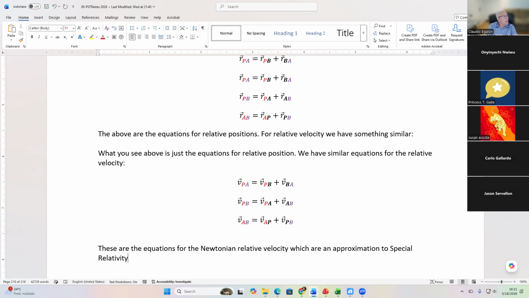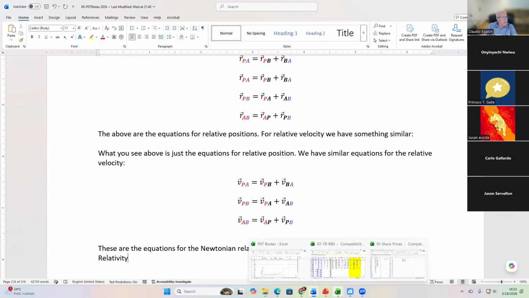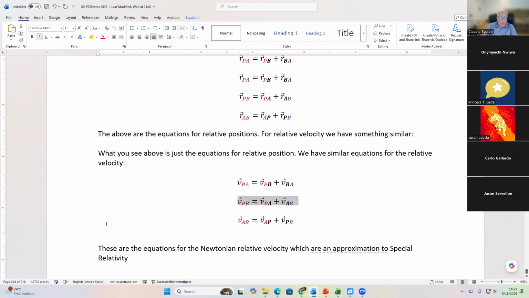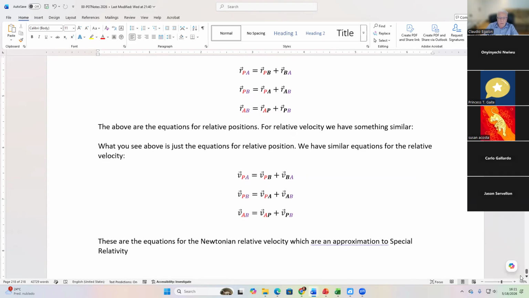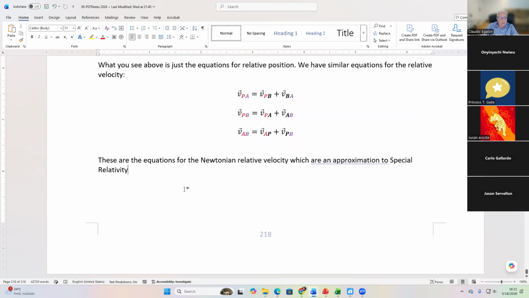Special relativity. Let's concentrate on this equation here. We can choose any one of the three. Let's concentrate on this second one.